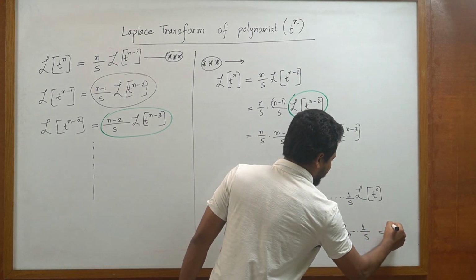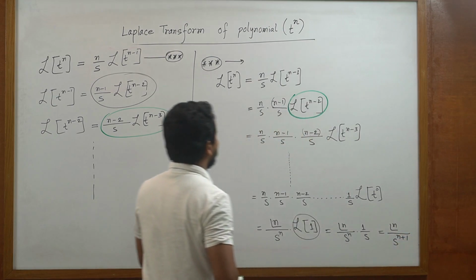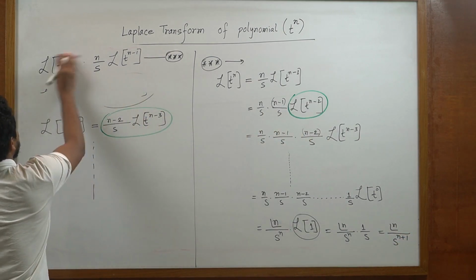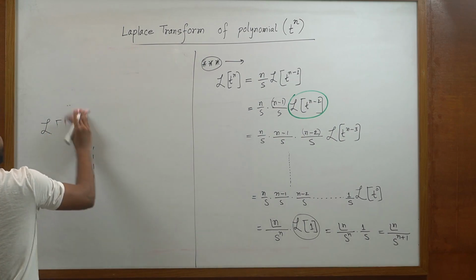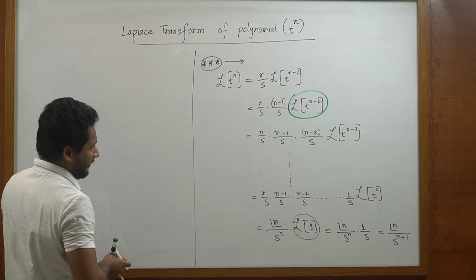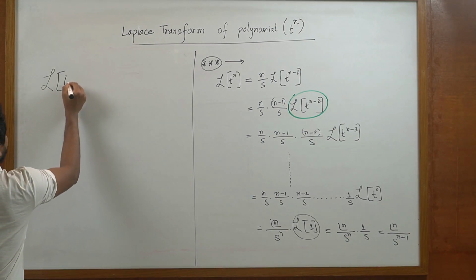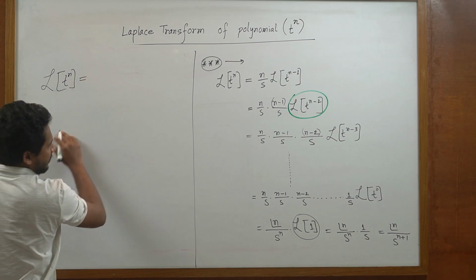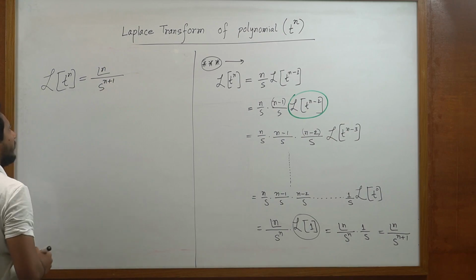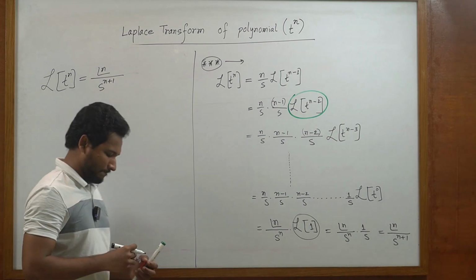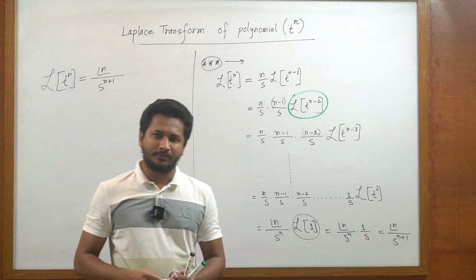So we will get factorial n by s to the power n plus 1. So the result is finally found: Laplace transform of t to the power n equals factorial n by s to the power n plus 1. Okay, so this is the Laplace transform of a polynomial function.